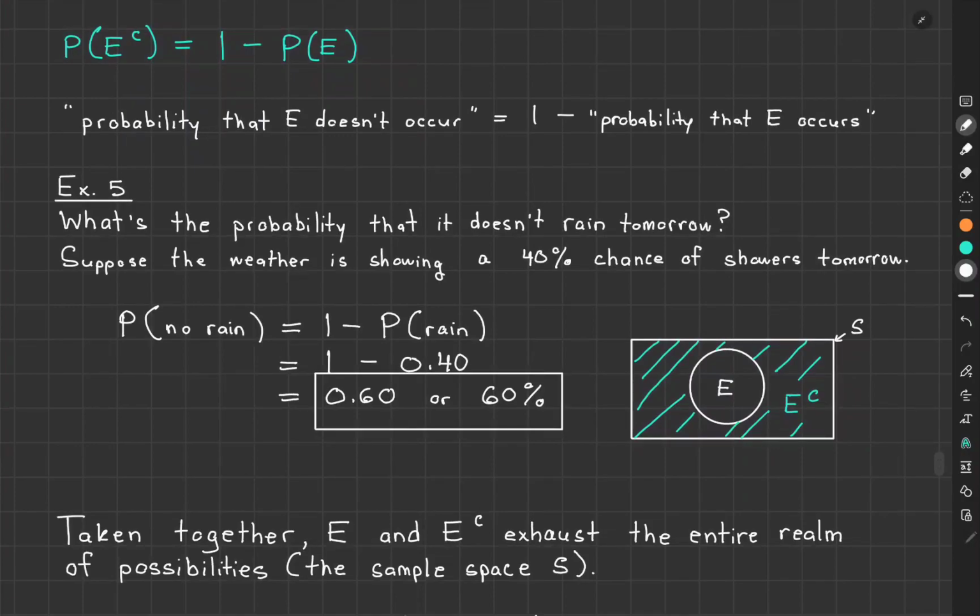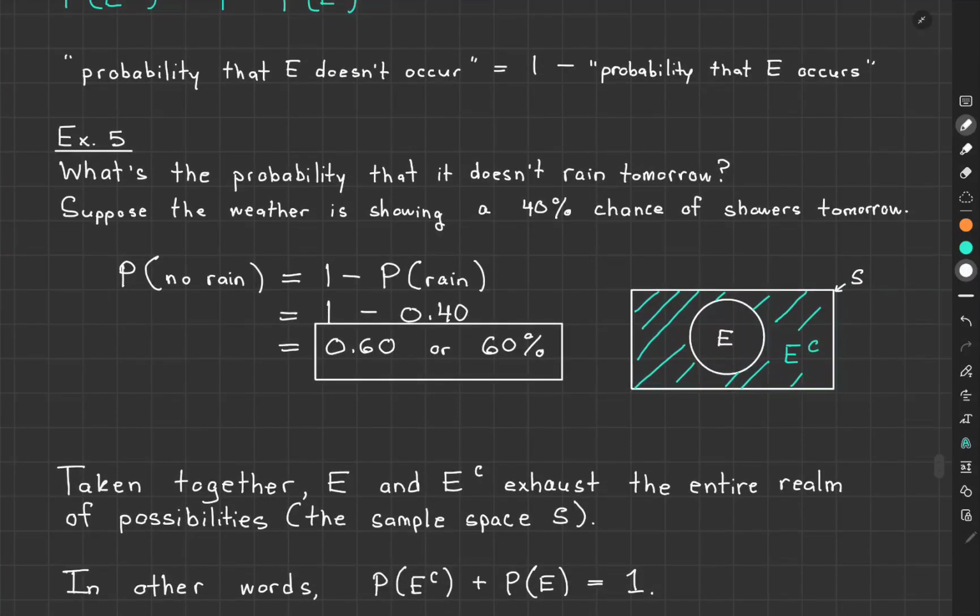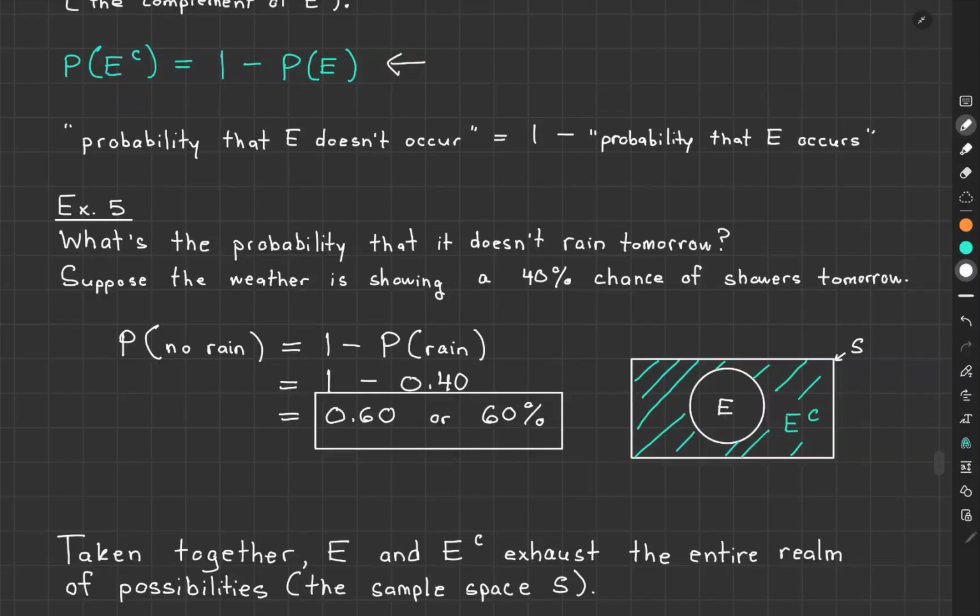So taken together, E and E complement exhaust the entire realm of possibilities, which in this case is the sample space S. In other words, the probability of E complement plus the probability of E have to add up to 1, right? So it's a 100% chance that either E happens or it doesn't happen. And that's exactly where our top formula up here is coming from. So it's just a rearranging of that formula.